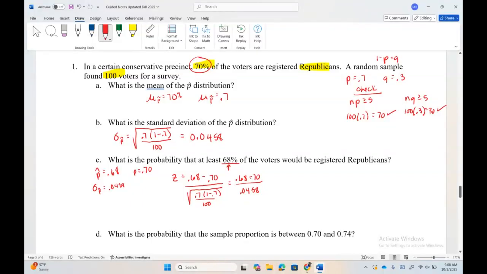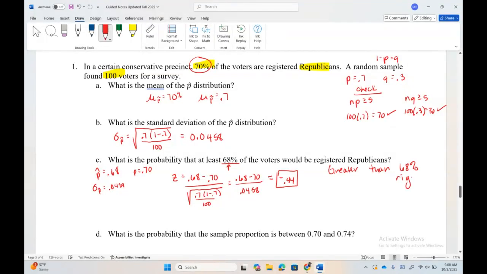All right, so here I'm getting negative 0.44 for Z. Let me just double check that. Yeah, okay. So now we want to know the probability that at least we're getting that. So that's actually the probability that our value would be greater than that 68%.